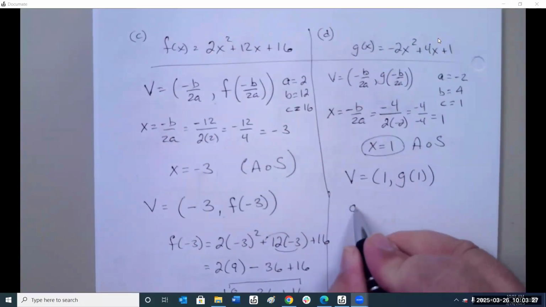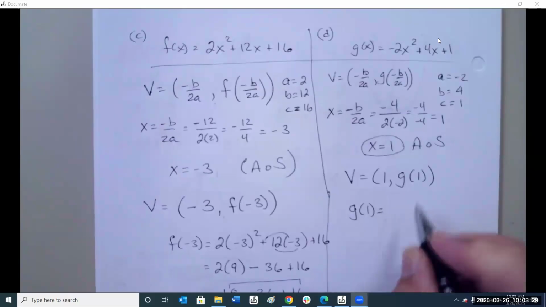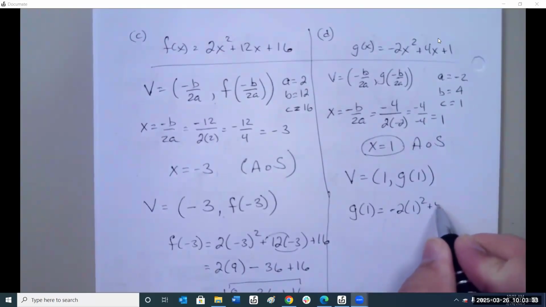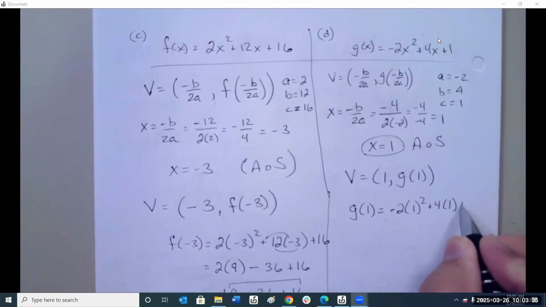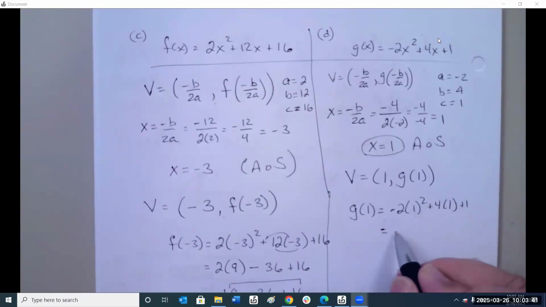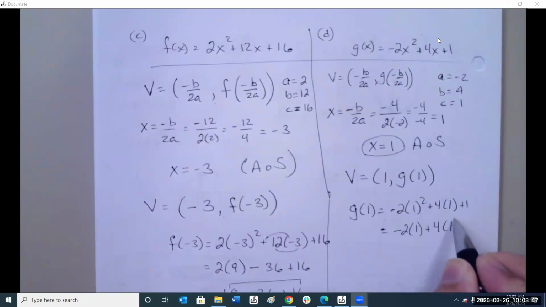So x is equal to 1, g of 1. That means I have to plug it back into my original equation. -2 times 1 squared plus 4 times 1 plus 1. I'll do this piece by piece. 1 squared is 1, times -2 is -2.